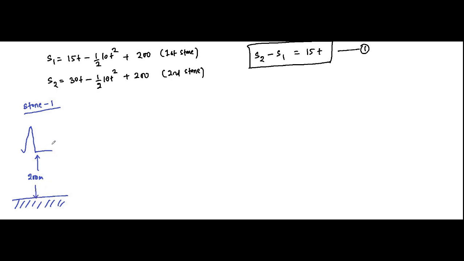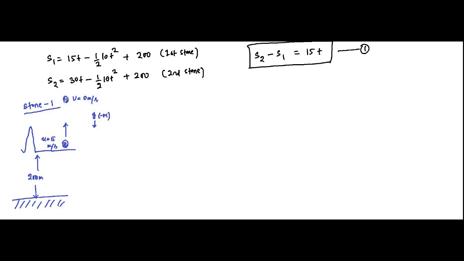From there the first stone is thrown upwards with an initial velocity of 15 meters per second. So obviously it will go upwards against gravity, and finally it will come to rest. Here g is acting downwards, so it will be negative.